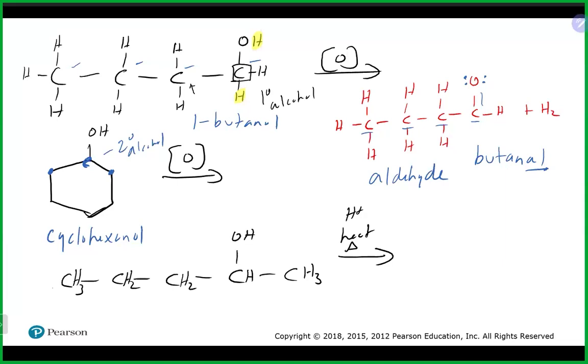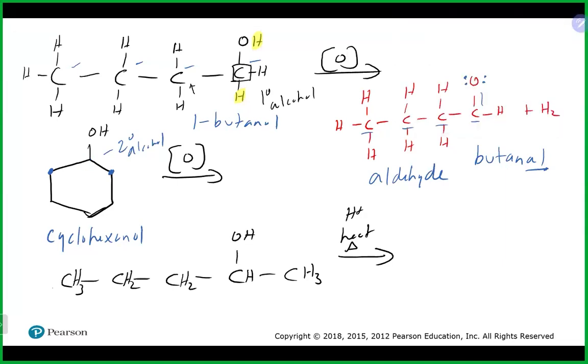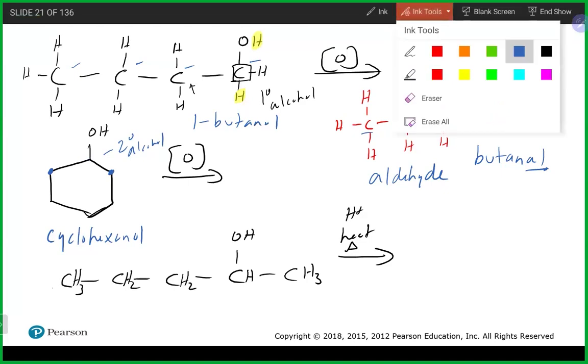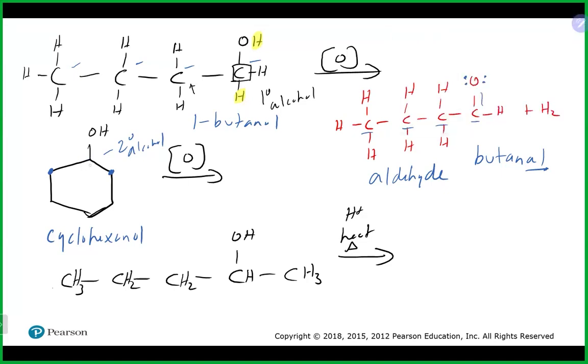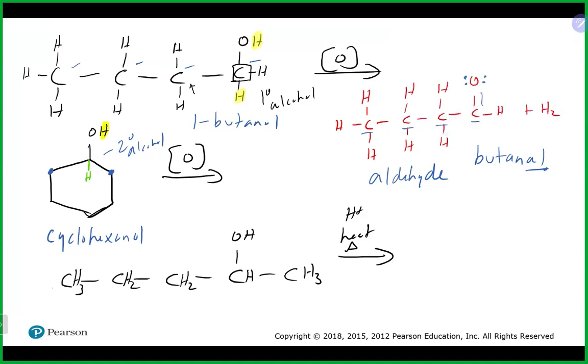Also a reminder that although it's drawn in line structure here, there is also a hydrogen right there on that carbon. There is a hydrogen that's hanging out there. And that's an important one in this case because we're going to remove our hydrogen from our oxygen, and since that is the carbon that's attached to that, that would be the other hydrogen we're removing from that carbon that's there.